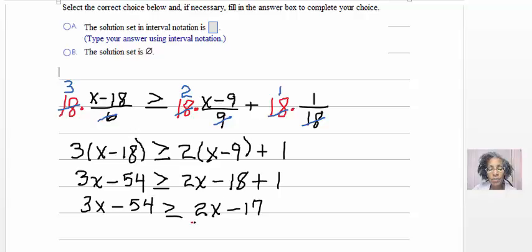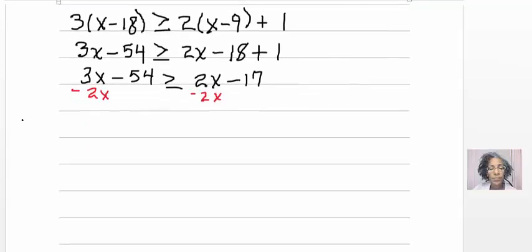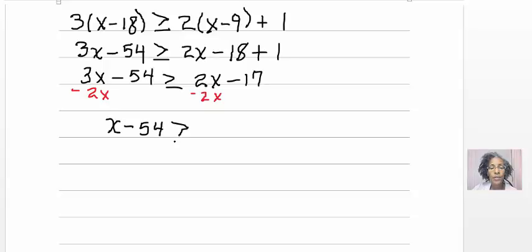And now I'm going to subtract a 2x from both sides of the inequality. And so that leaves me with x minus 54 greater than or equal to negative 17.